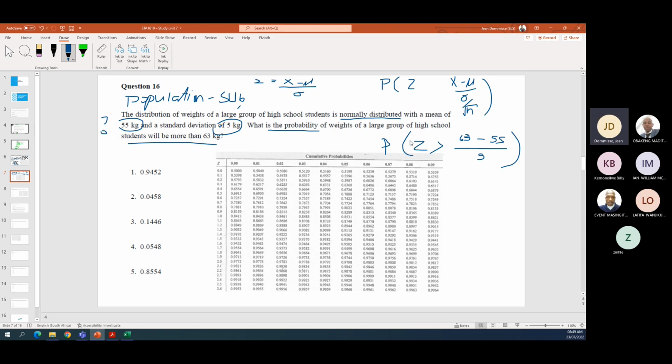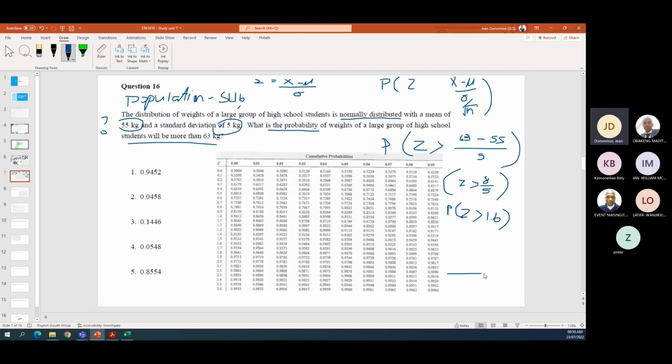Okay, so what we have then here is 8 divided by 5. So it needs to be bigger than 8 divided by 5. Sure, it's 8 divided by 5, 1.6. So Z bigger than 1.6. So we need to get that probability.